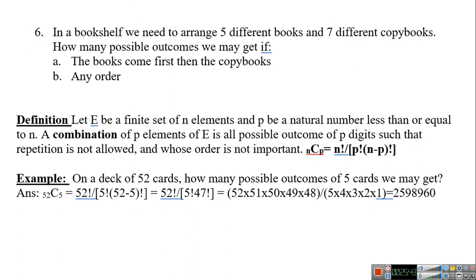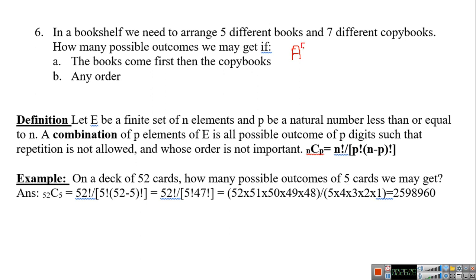In the bookshelf, we need to arrange 5 different books and 7 different copybooks. How many possible outcomes you may get if the books come first, then the copybooks? So I have the books coming first, so order is important because the books are different. So it is arrangement 5 out of 5, which is a permutation.